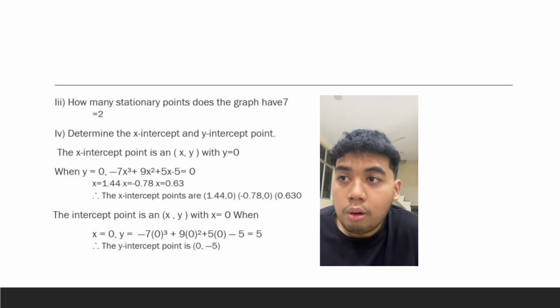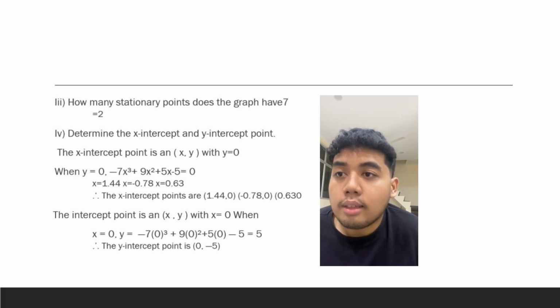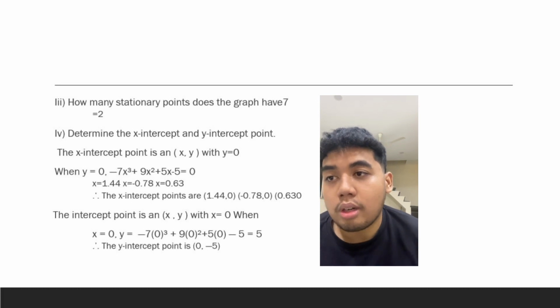We will start with number 4. Determine the x-intercept and y-intercept points. The x-intercept point is an x, y with y 0. When y is 0, negative 7x power of 3 plus 9x power of 2 plus 5x minus 5 equals to 0. So we get x first equals to 1.44, second x we got negative 0.78, and the last x is 0.63.